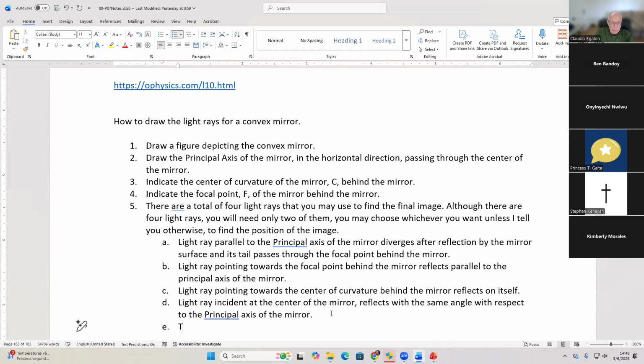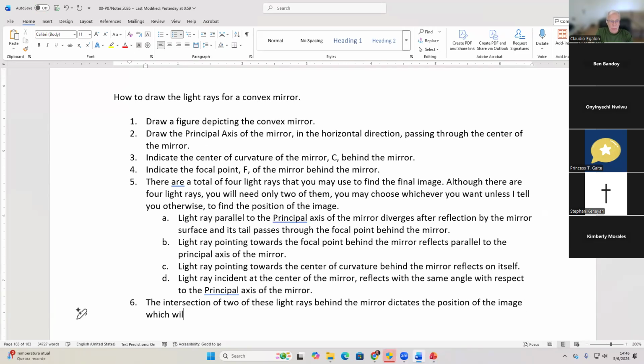The intersection of 2 of these light rays behind the mirror dictates the position of the image, okay?